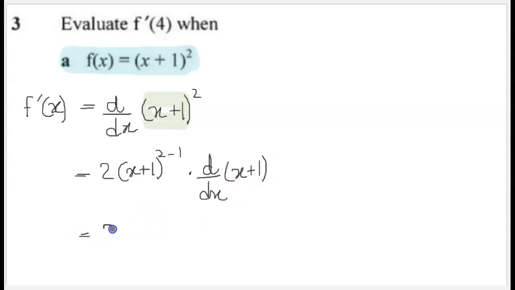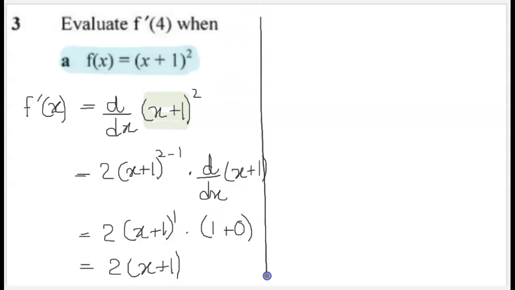Now this will become 2, and that becomes x plus 1 to the power 1. And when you differentiate this, d over dx of x is just 1, and d over dx of 1 is just 0. When you do these kind of questions, make sure you write all the steps, and the answer you will get is 2 times x plus 1.